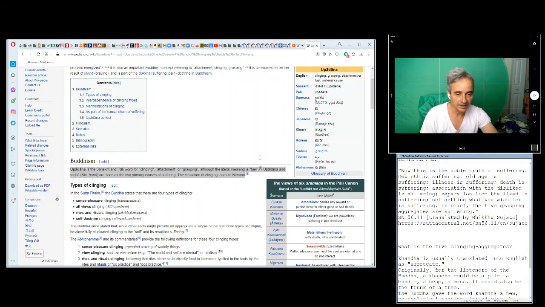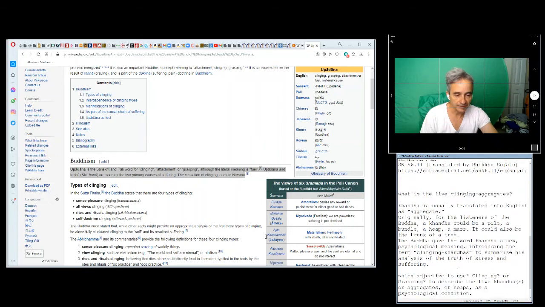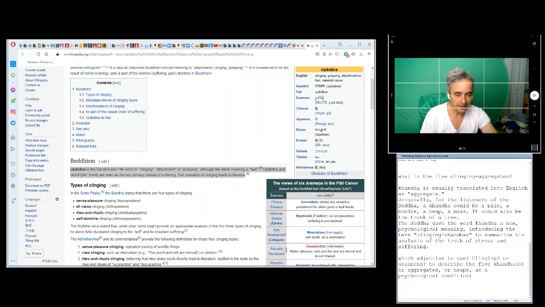Okay. How's that sound? So, which adjective should I use? Clinging or grasping to describe the five khandhas, or aggregates, or heaps, as a psychological condition that the Buddha was defining or expressing as the basis of suffering.